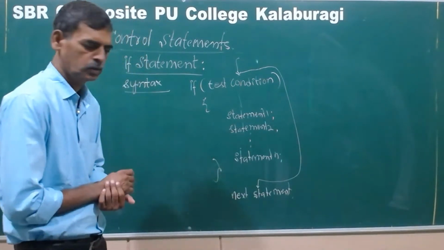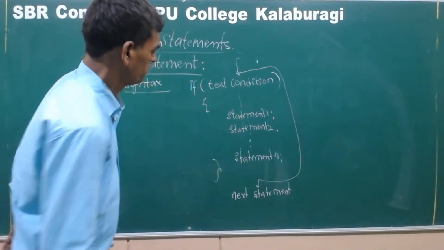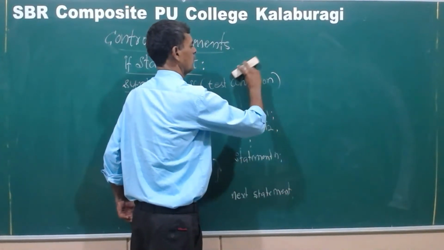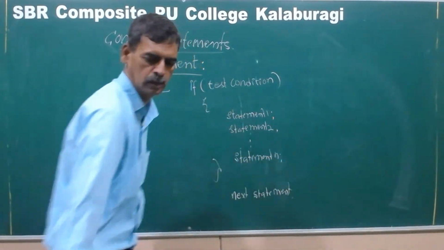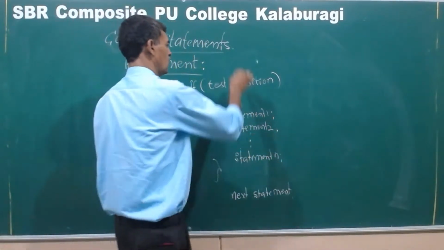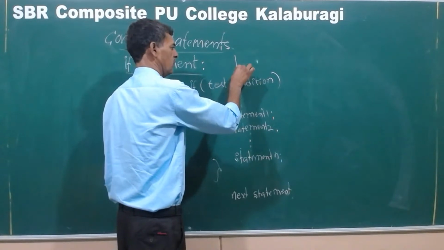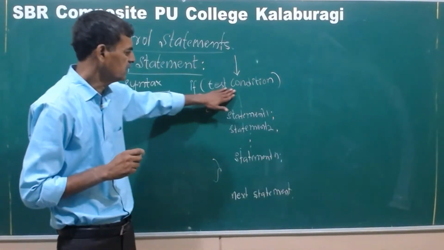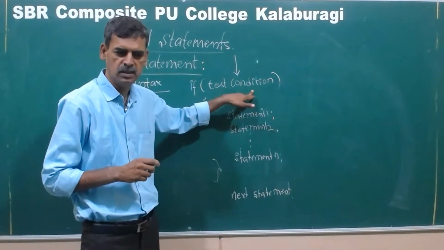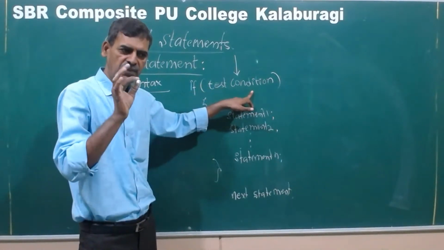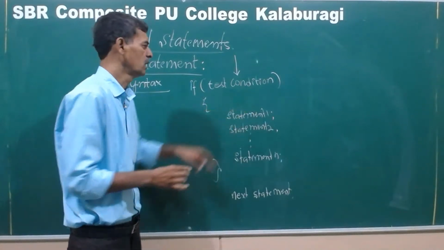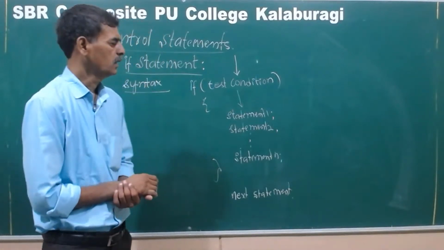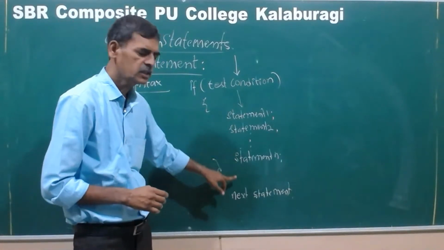Repeat it once again. Control comes here for execution of the if statement. It will check the test condition. If the test condition is true, control comes inside the if block, then these statements are executed.